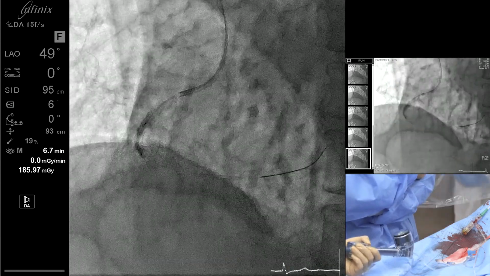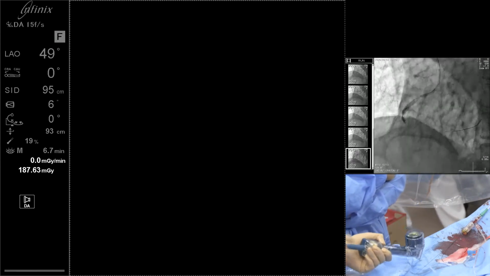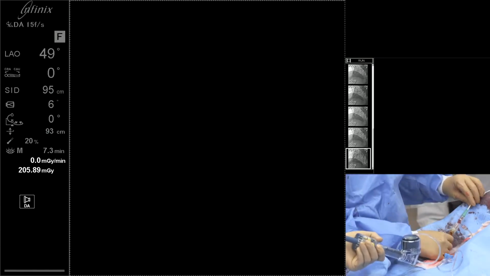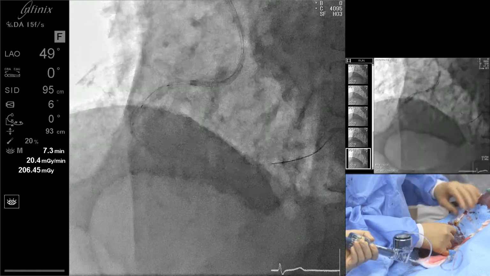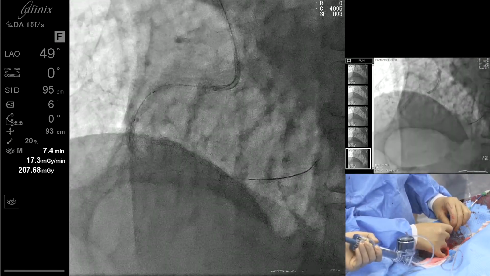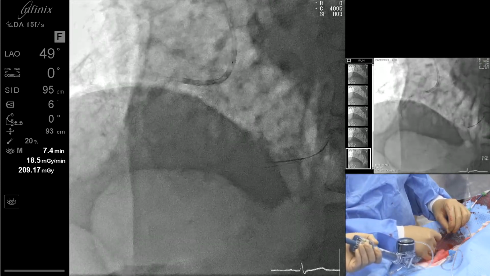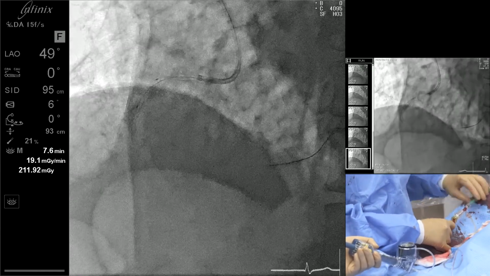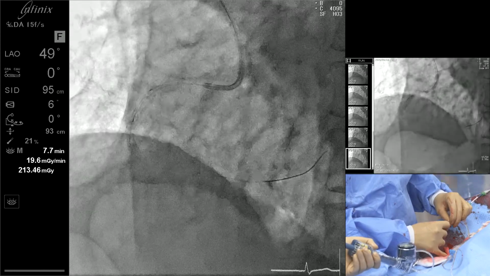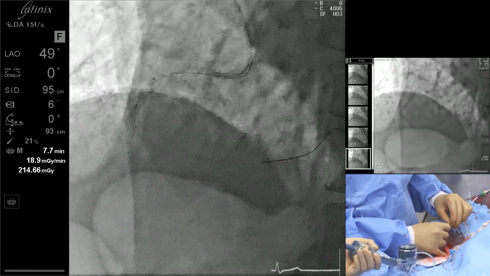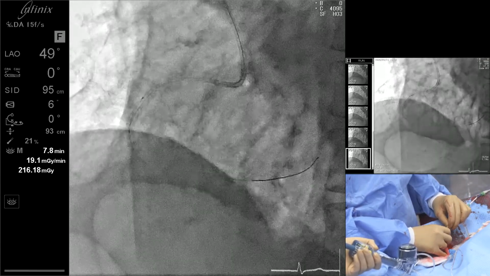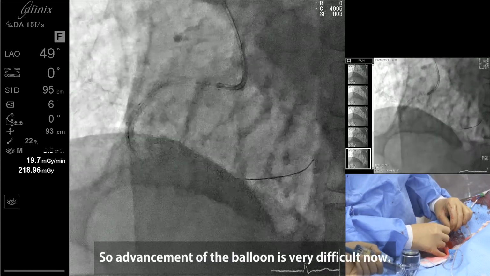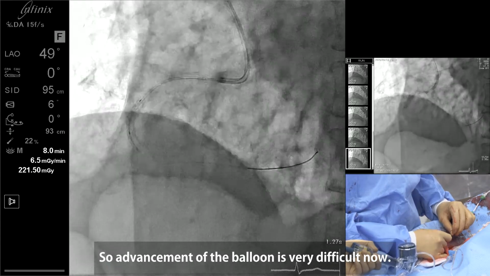So advancement of the balloon is very difficult now.